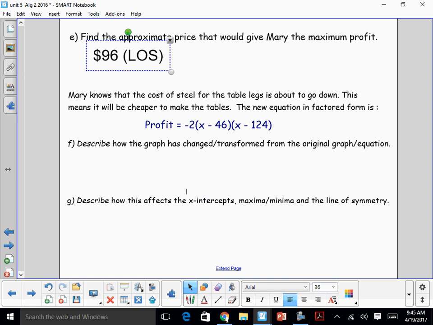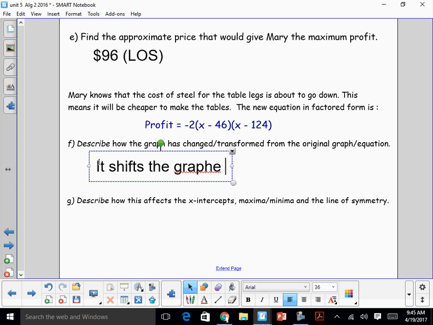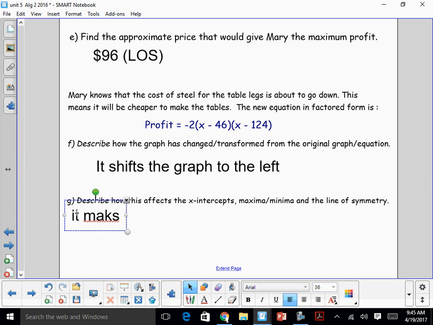It shifts the graph to the left. How does this affect them? It makes them all smaller.